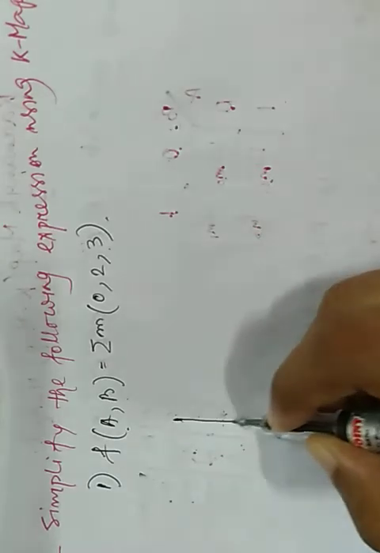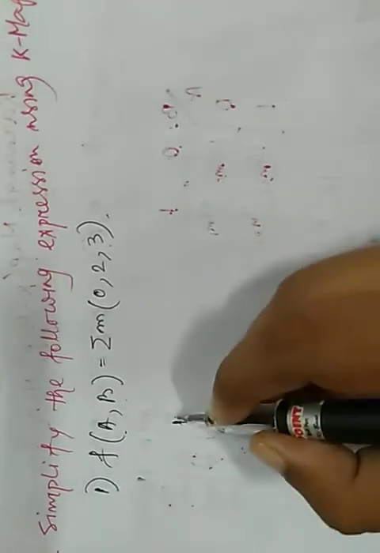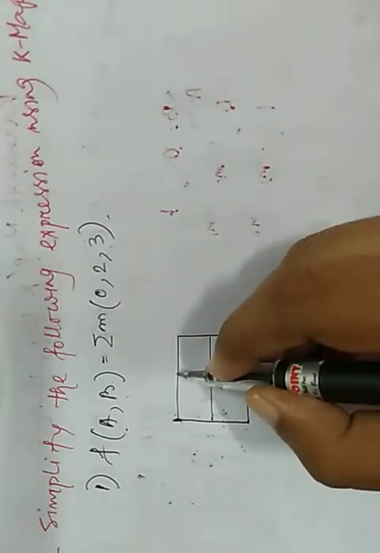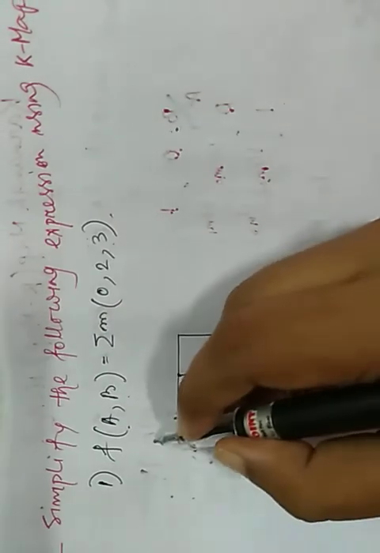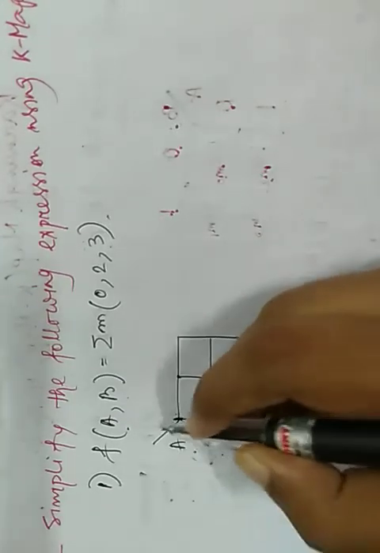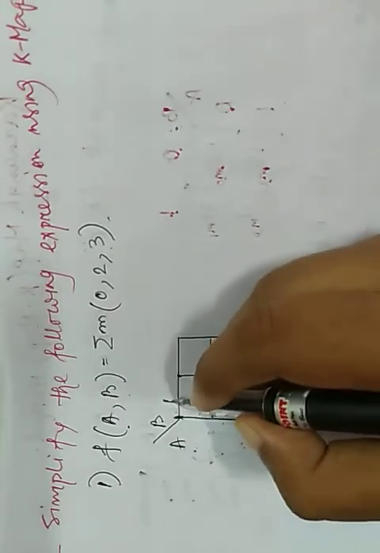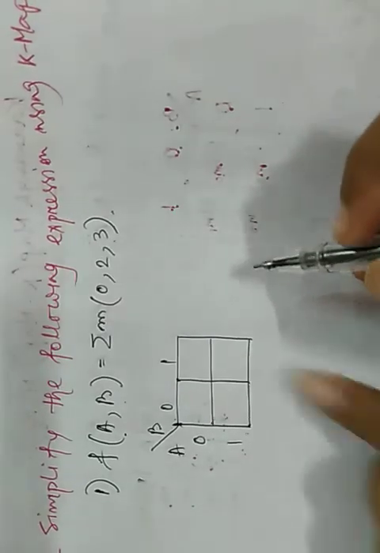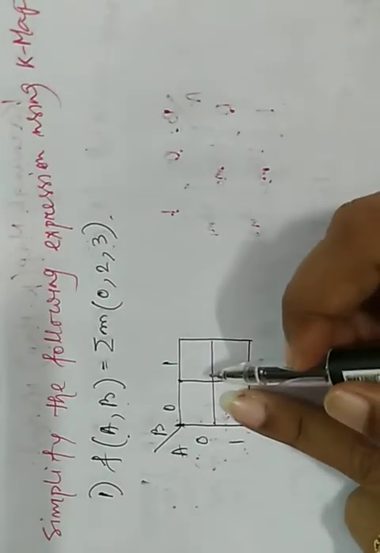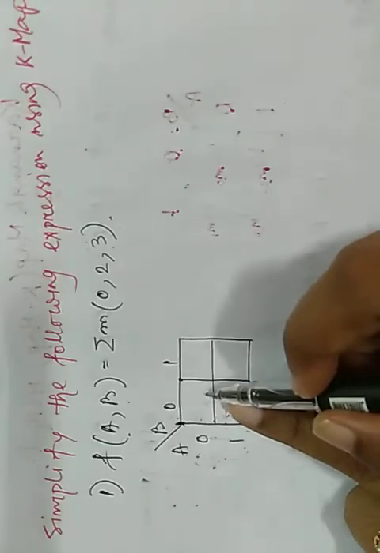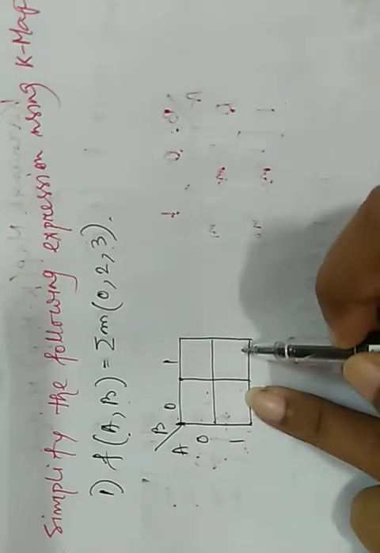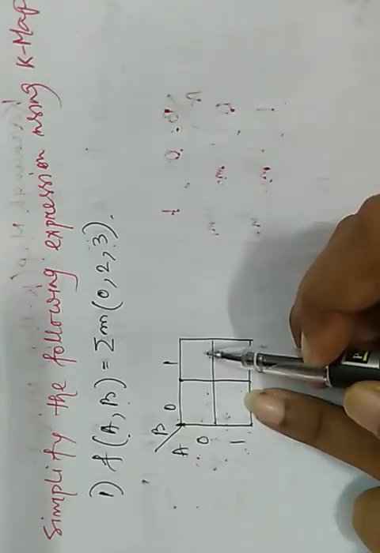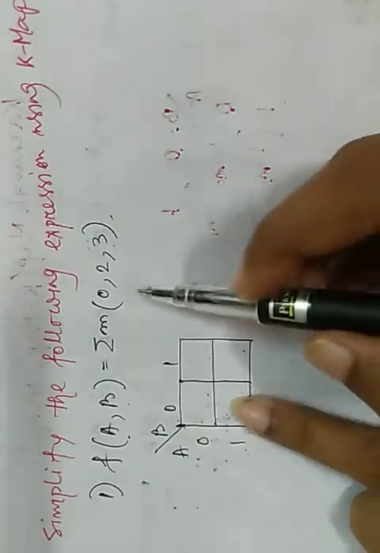For 2 variables we know that there are 4 combinations, and A is there, B is there. Our values are 0, 1, 0, 1. Okay. So if you want, you can write M0, M1, M2, M3 using a pencil, and if you remember, you don't need to write this. You have to just put the value.